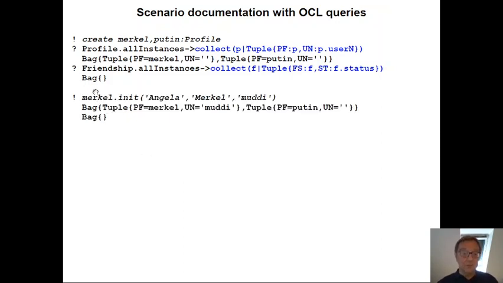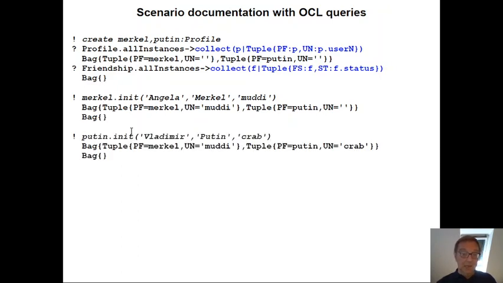So after the first init operation, the first query has a different result. In the first result, username was the empty string, and now we see username is equal to Mudi. Username of Putin is still the empty string. The result of the second query has not changed.